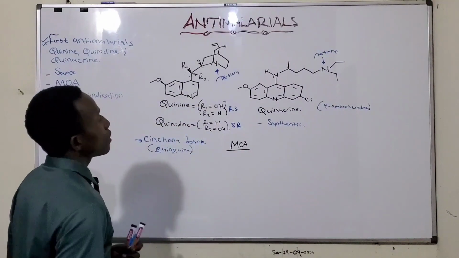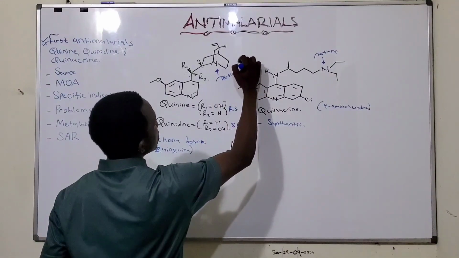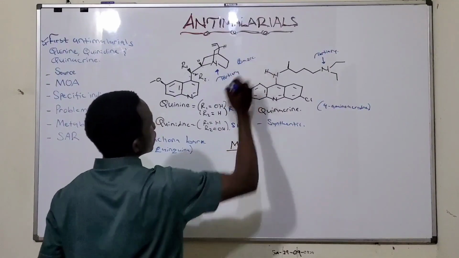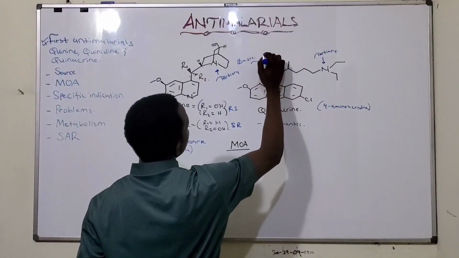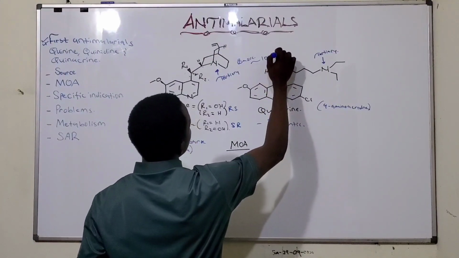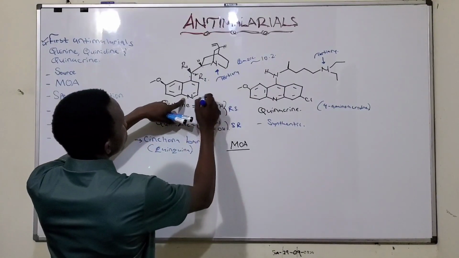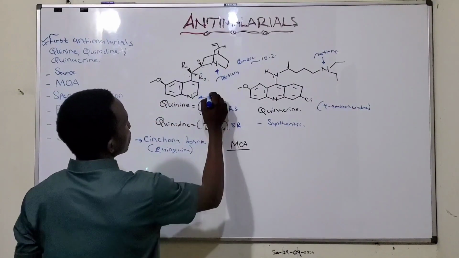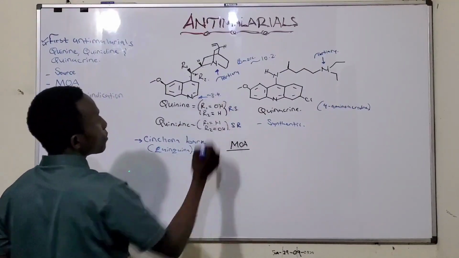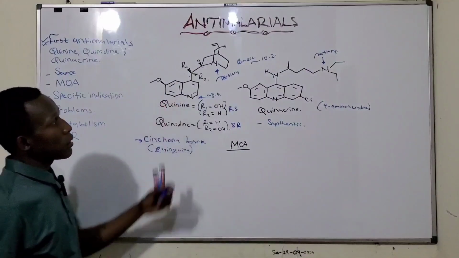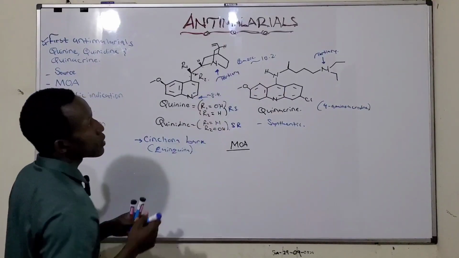So it means that here the pH is basic. It's around 10.2, around there. Then also we have this nitrogen here. The pH is around 8.4, approximately. So we have those basic groups.